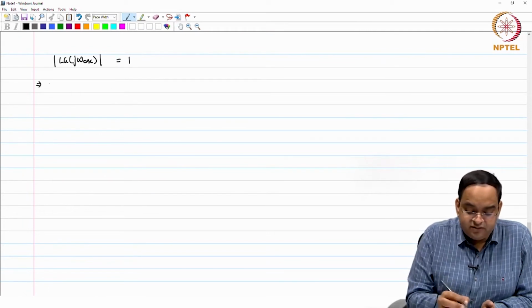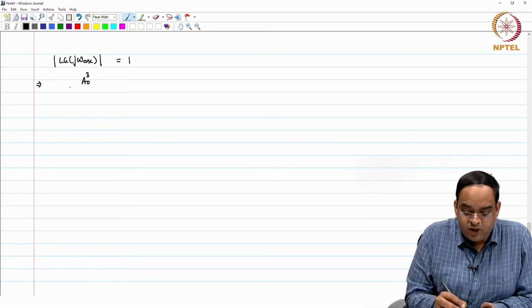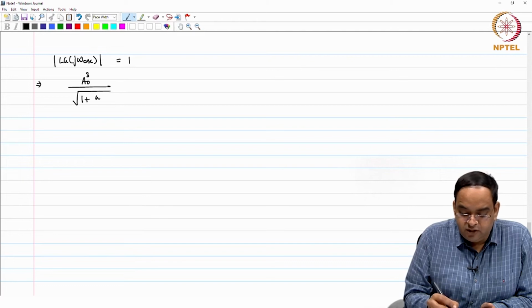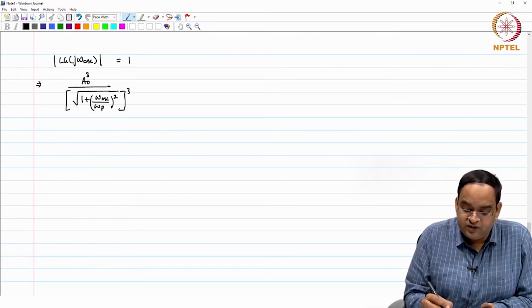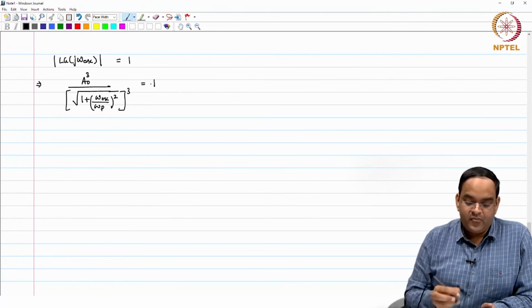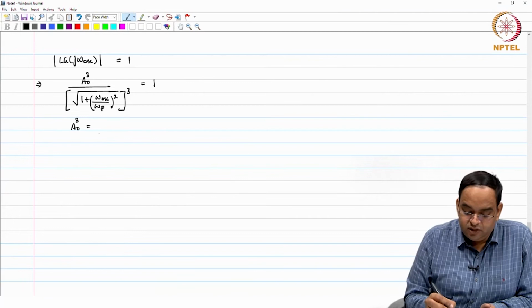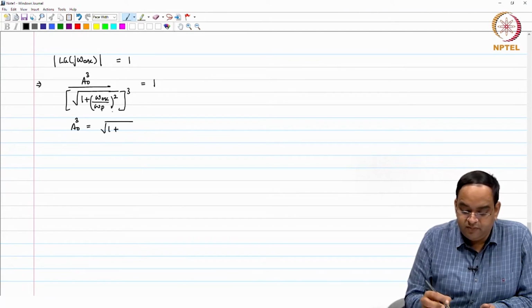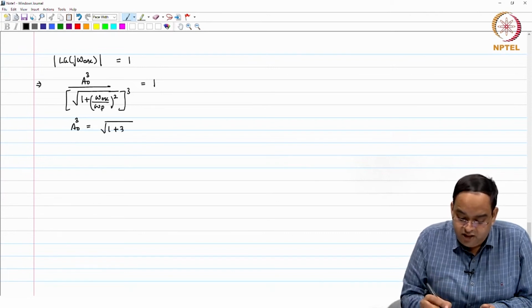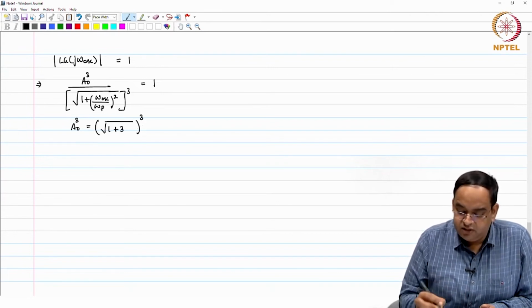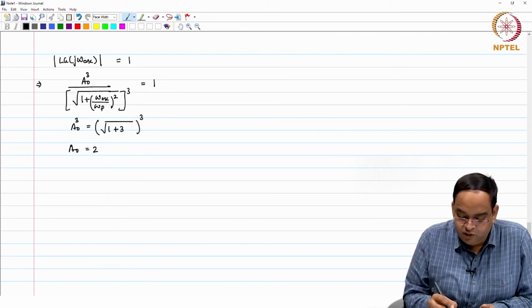This implies that A naught cube divided by (square root of 1 plus (omega oscillation by omega p) whole square) whole cube is equal to 1, which is A naught cube is equal to, I will put the value of root 3, (square root of 1 plus 3) whole cube. This implies that A naught is equal to 2.